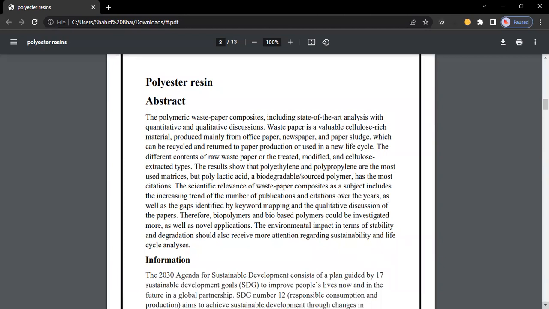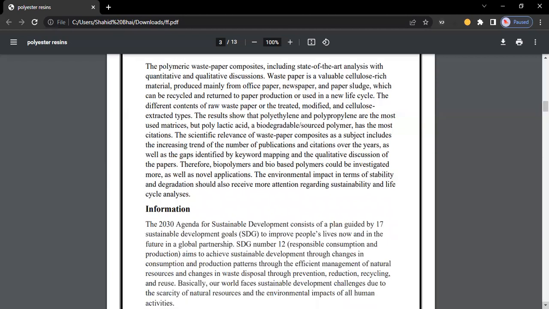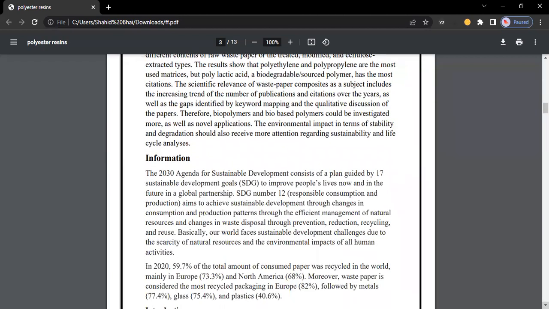The environmental impact in terms of stability and degradation should also receive more attention regarding sustainability and life cycle analysis. So, we have a short discussion about the information.